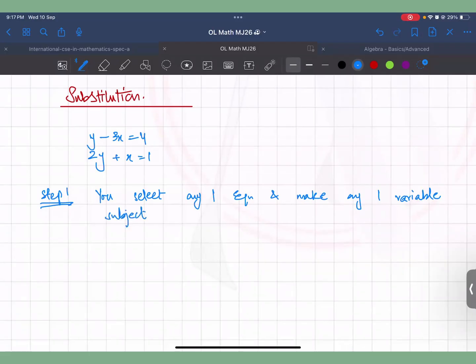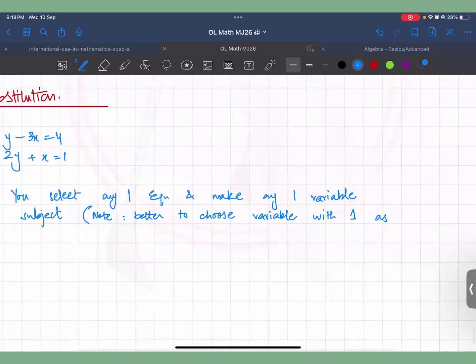You isolate that variable, and it's better to choose the variable with 1 as coefficient, because it will help you in simplifying. It will be easier. Coefficient is the number with the variable.